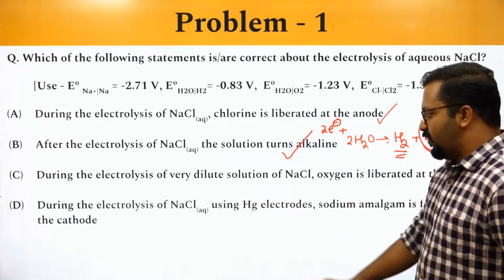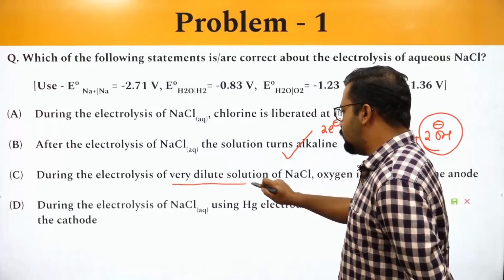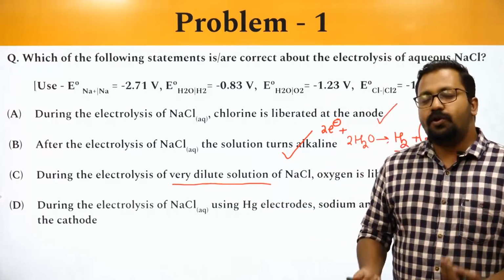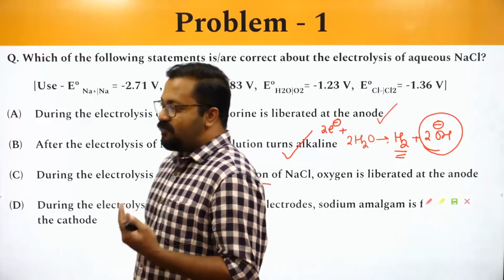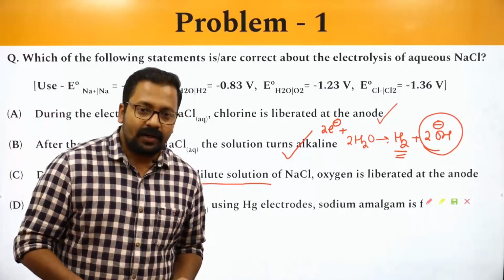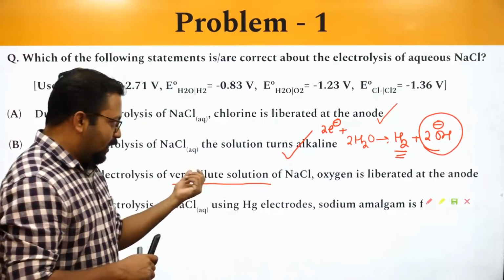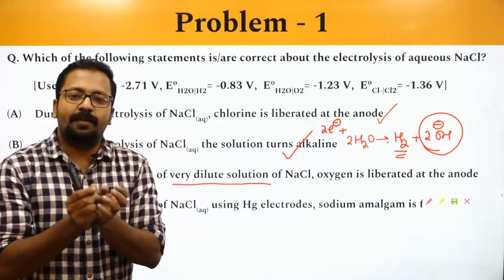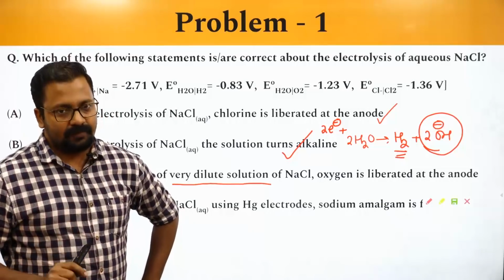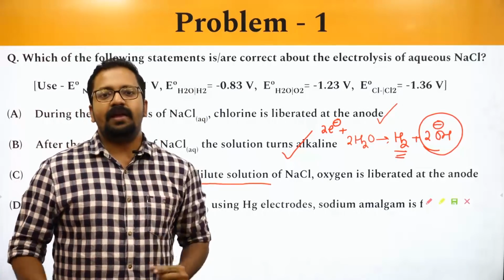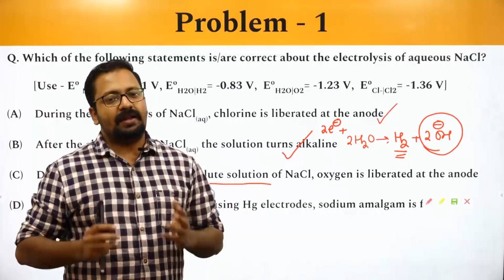During electrolysis of very dilute solution, what is the meaning of very dilute solution? A very dilute solution will find it very difficult to have a substantial amount of sodium ion and chloride ion in the medium.